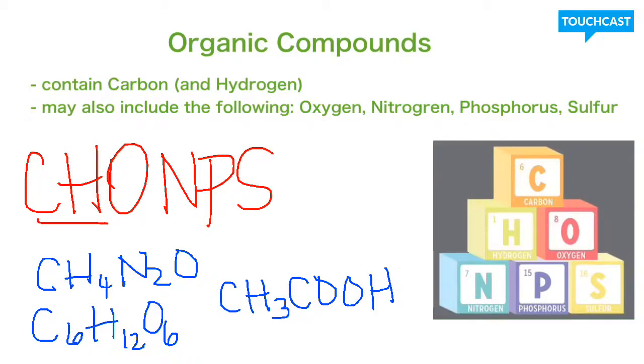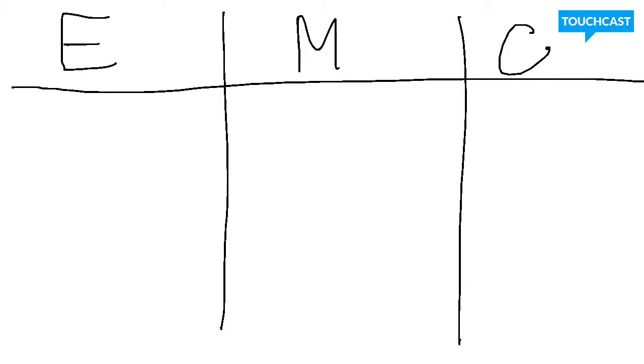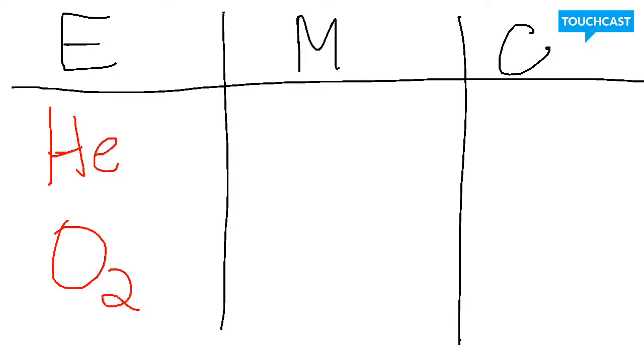So just a quick recap as we compare elements, molecules, and compounds in this lovely table that I've just put together. Elements are single atoms or one kind of atom, so just the symbol, or the one I showed you, O2. In both cases, we're only dealing with one type of atom. Molecules are two or more, and they can be the same or different. So O2 is two of the same.